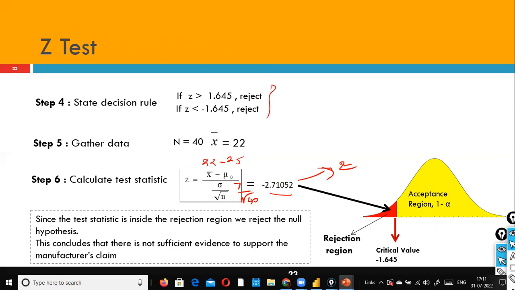If the z value is greater than 1.645, I'm going to reject, in the right tail test. You can also do a two-tail test. If it is less than minus 1.645, now you tell me whether minus 2 is less than minus 1 or not. Let me see how many of you know this.